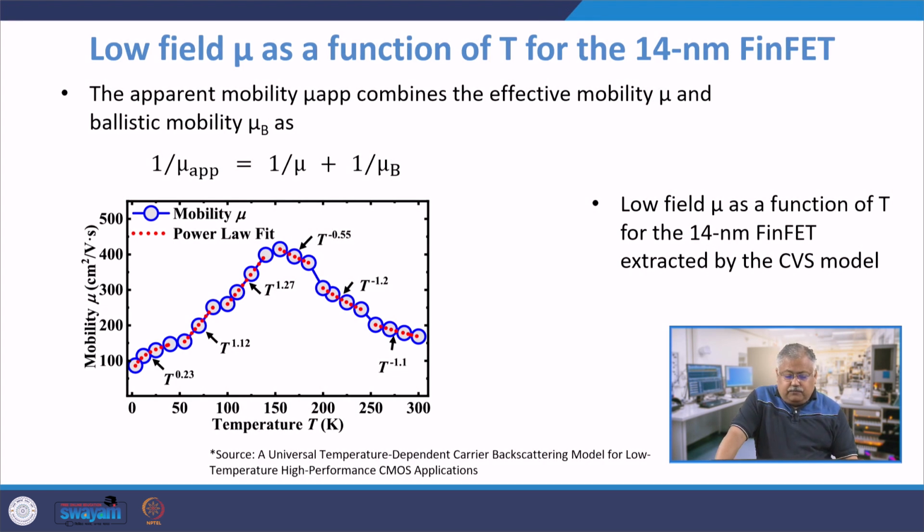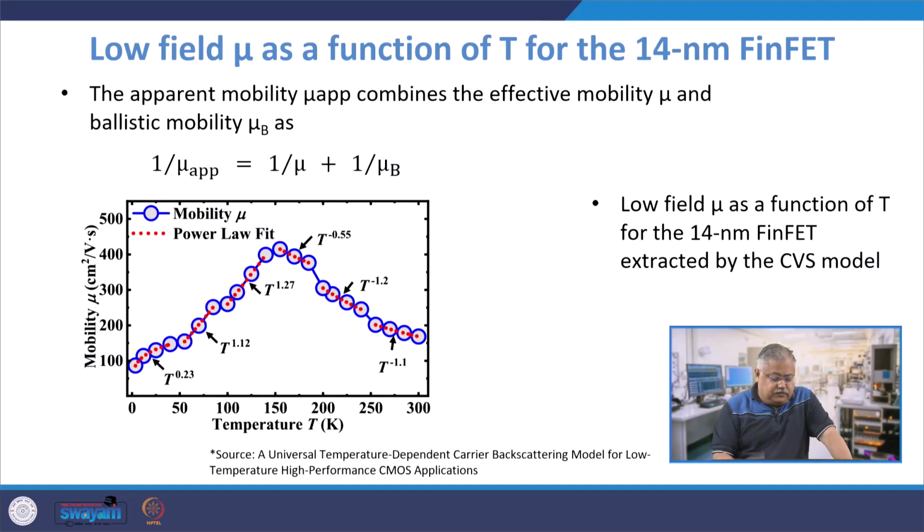Now, with this we come to the final stages of the lecture, and this is the one graph which takes care of every discussion we have had till now. It plots mobility versus temperature from 0 Kelvin to 300 Kelvin, and we have taken it from this paper with the sources mentioned here. Interestingly, at very low temperature mobility is directly proportional to temperature in the form of T to the power 0.23.